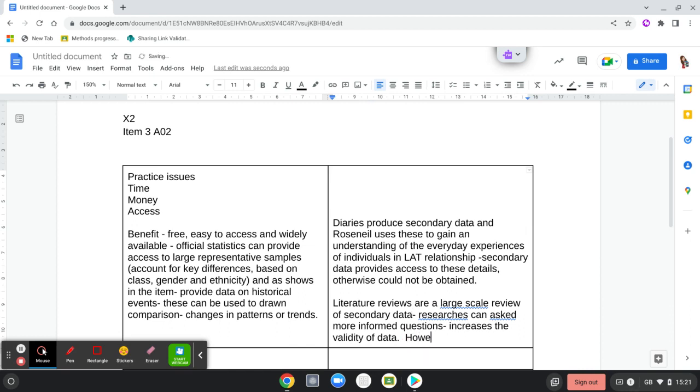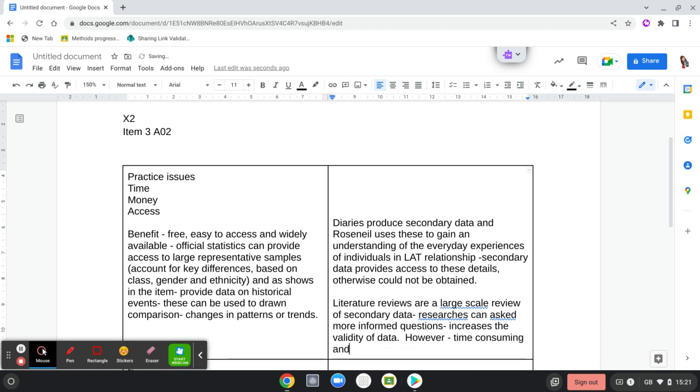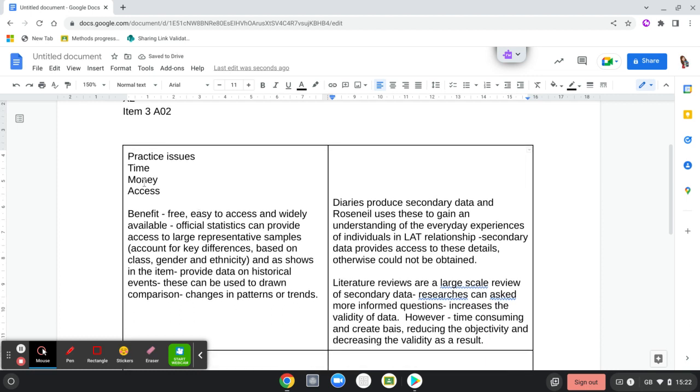However, they're incredibly time-consuming and can create bias, reducing the objectivity and decreasing the validity as a result. So that ties in a bit to time.